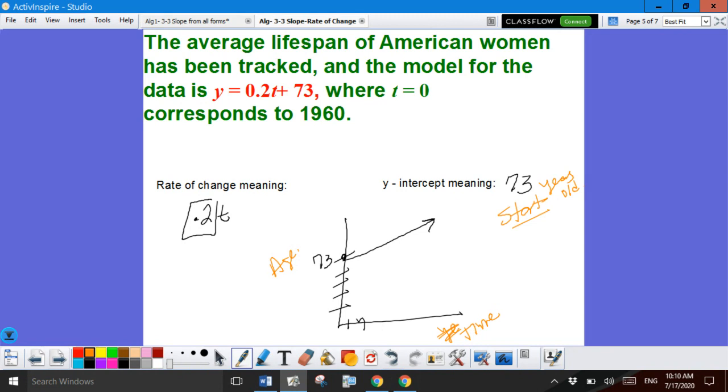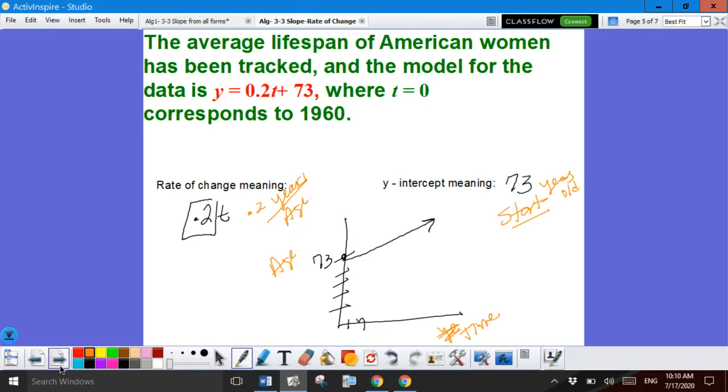So I'm going up. The 0.2 is years for the age. So every year, my lifespan is increasing by 0.2 from this data of American women since 1960.